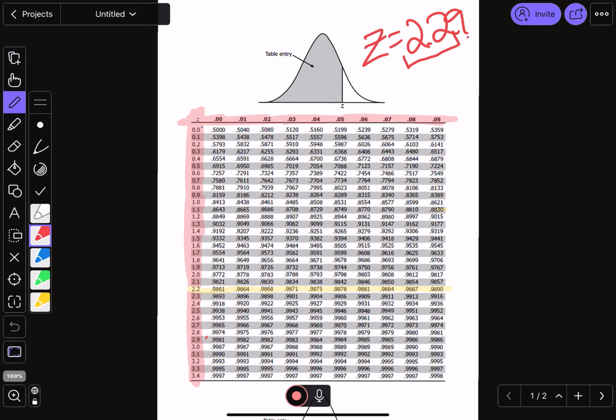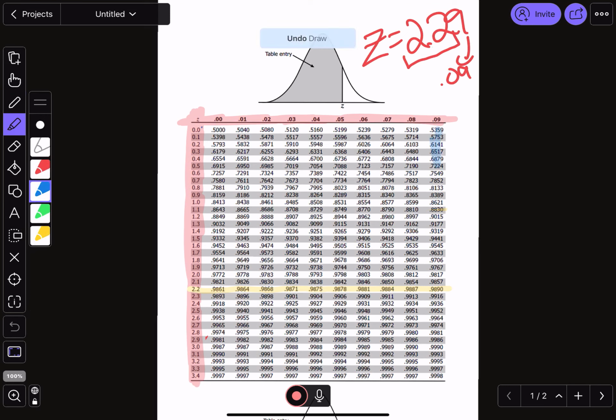Now we just need this number, which is 0.09. So you're going to look on the last column. Okay, so the overlapping number between the blue and the yellow for our 2.29 is 0.989. So that is your probability.